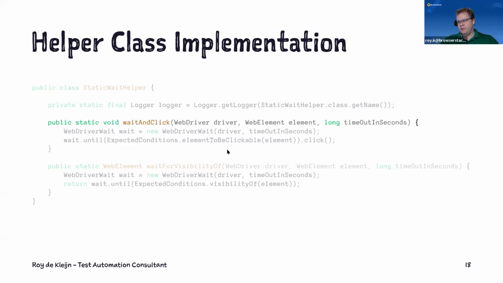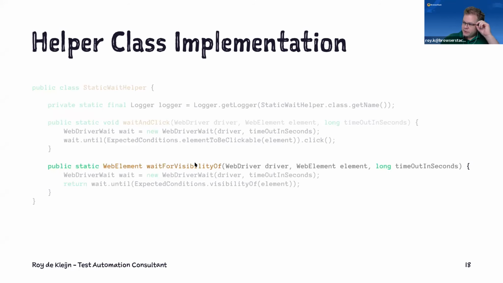And it also waits and clicks, of course. And we have wait for visibility of, and that does the same. It creates a new instance of WebDriver wait, and then it executes the condition. The drawback of this is that we need to pass the current driver and also probably a timeout.